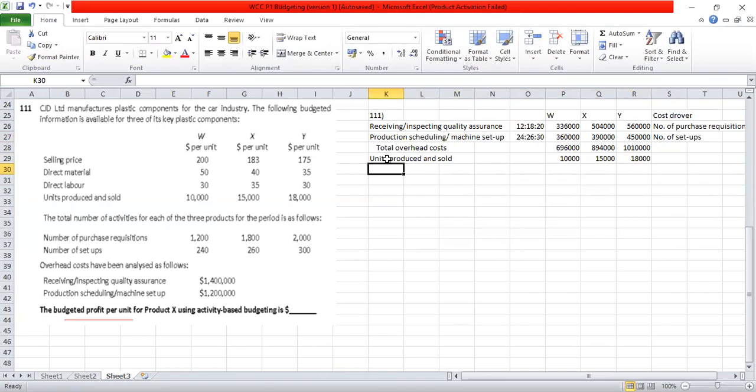Find out overhead cost per unit. Now to find out budgeted profit per unit. So let's start once again.